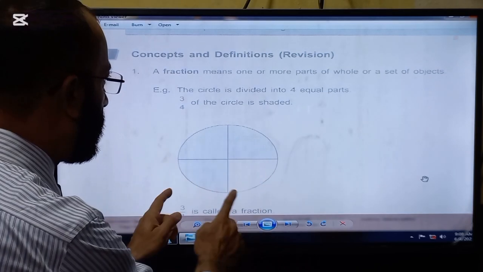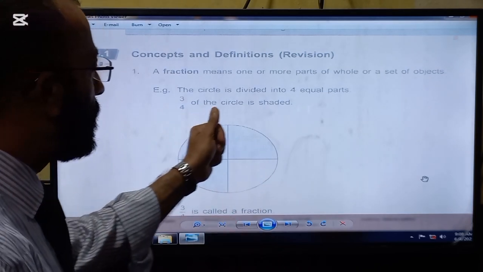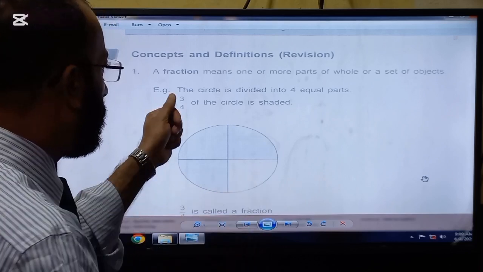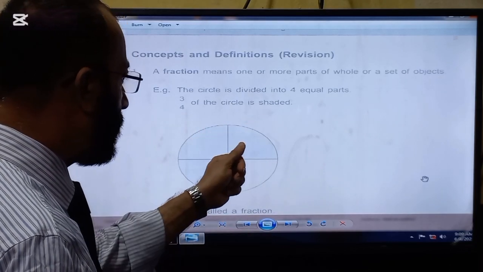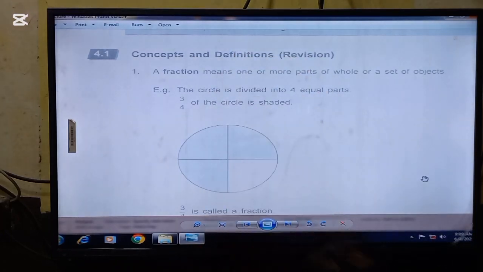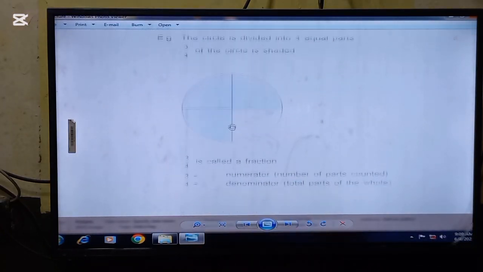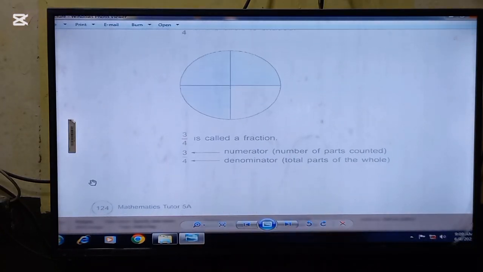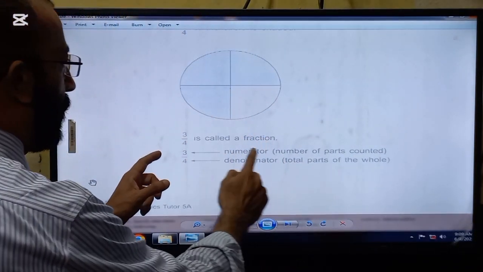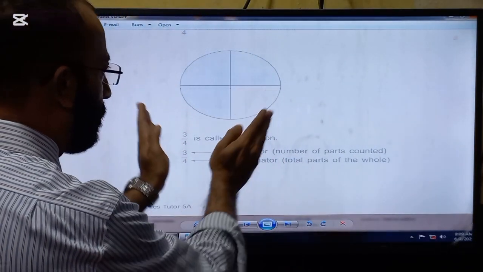For example, in this circle, the circle is divided into 4 equal parts. 3/4 of the circle is shaded. 3/4 is called a fraction because it is part of the whole.